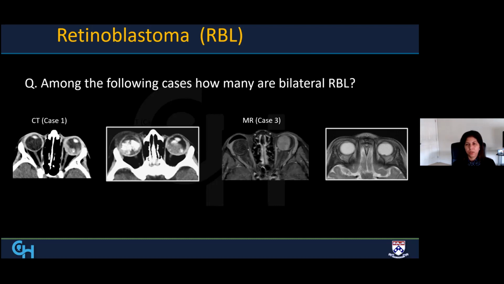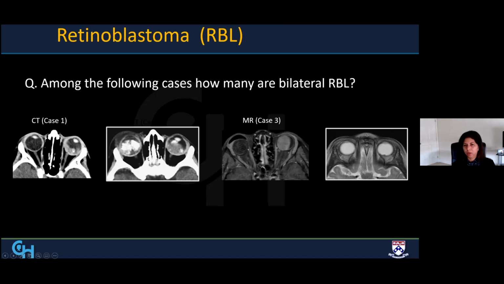I'm sure a majority of you will see that case 2 and MR case 3 are bilateral. It's pretty straightforward. But what about this case on CT, which is showing this calcified mass very clearly in one globe? And what about the other globe? You may think on imaging it is probably just unilateral.